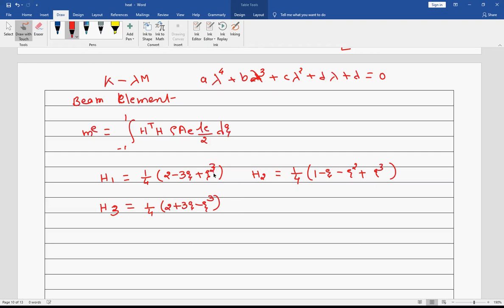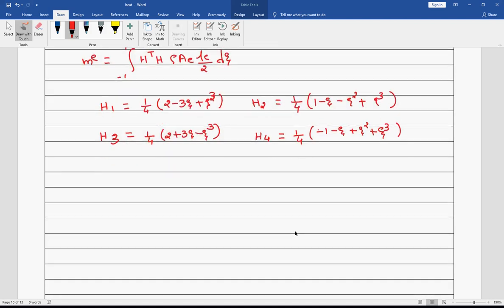Here also psi cube should be there. Okay, psi cube. H4 is equal to 1/4, minus 1 minus psi plus psi square plus psi cube. So these are all H1, H2, H3, H4.